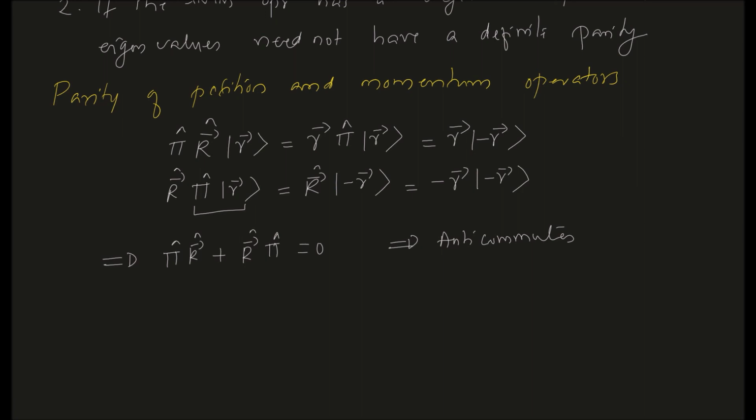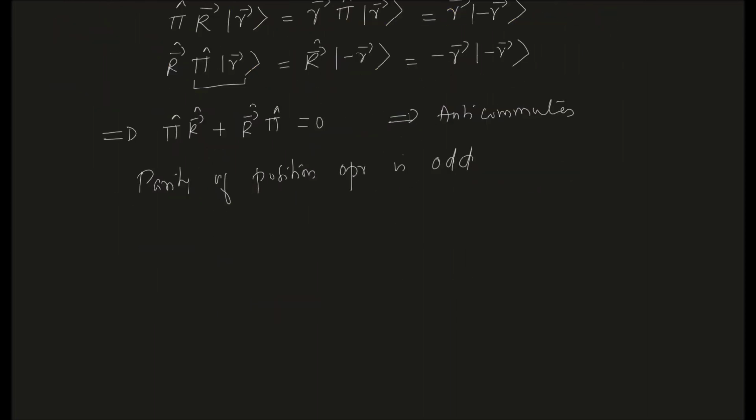The position operator anti-commutes with the parity operator. So that means the parity of the position operator is odd, because for even parity it should commute. Since it anti-commutes, the parity of the position operator is odd.